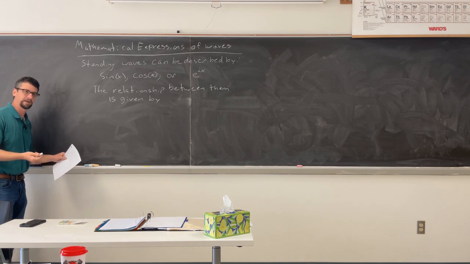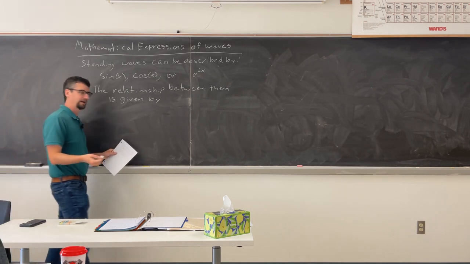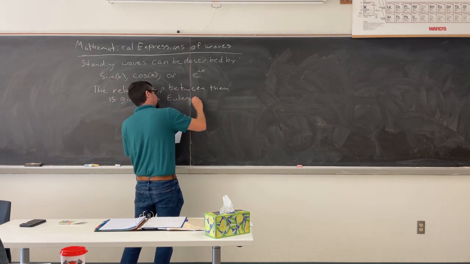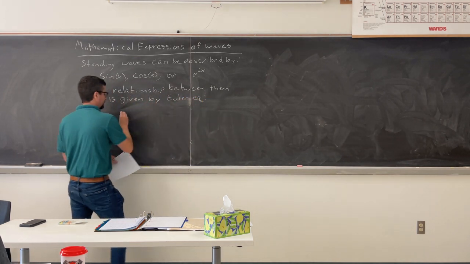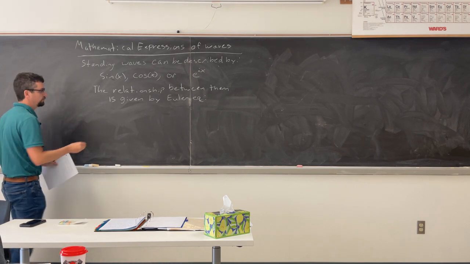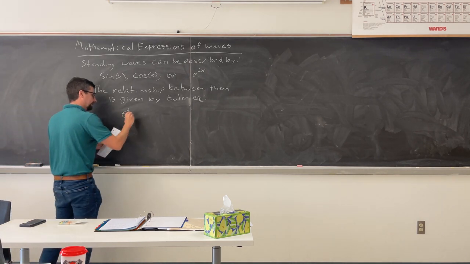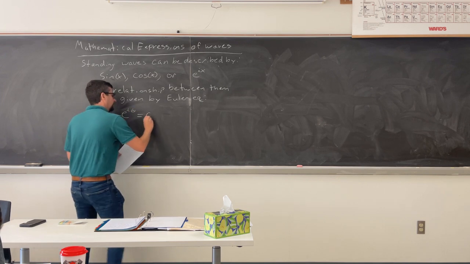How does everybody in math say Euler, correct? Yeah, I know. They don't like that. Does anybody know the relationship between them? E to the i, we're going to use theta.